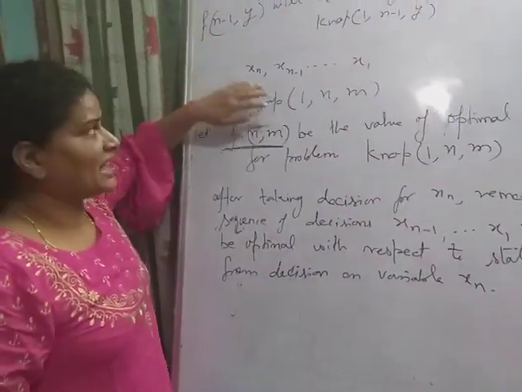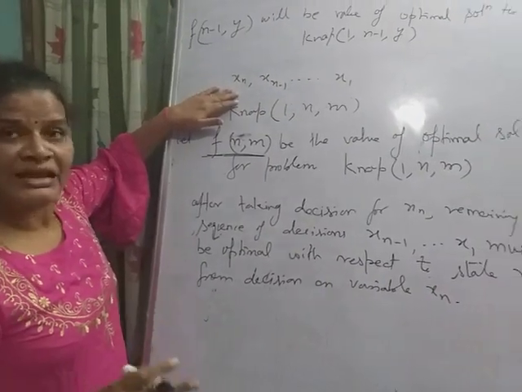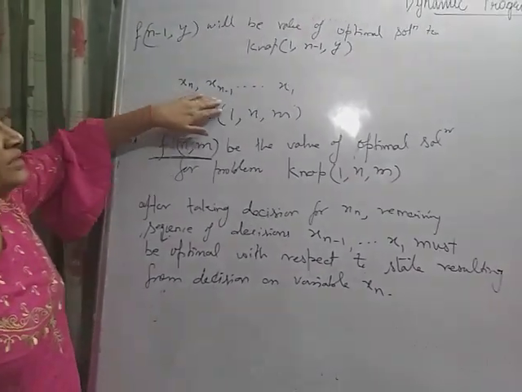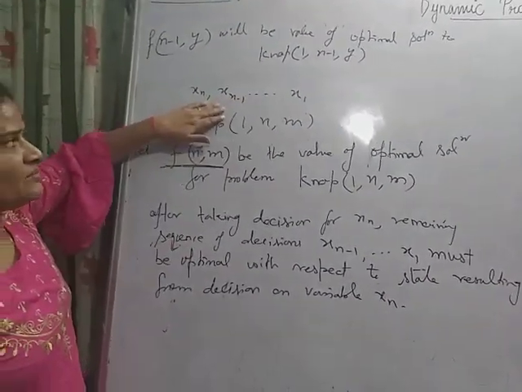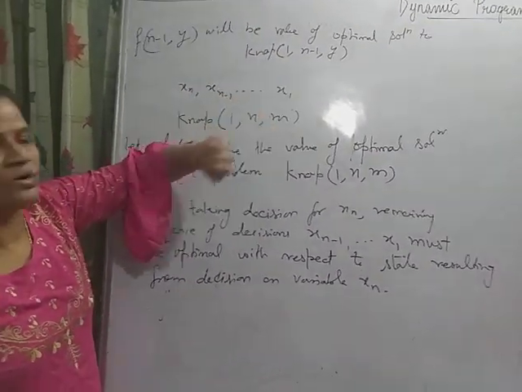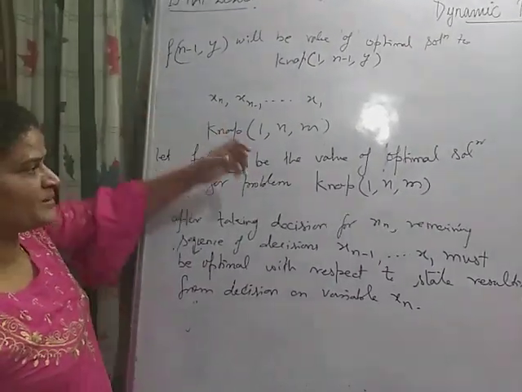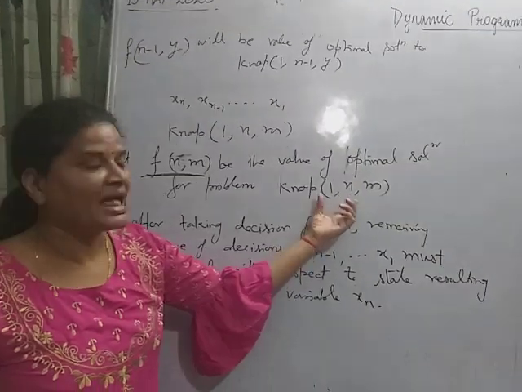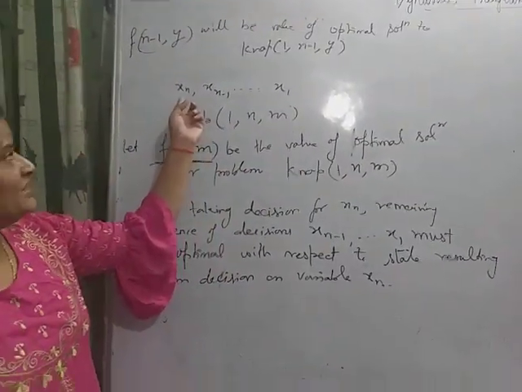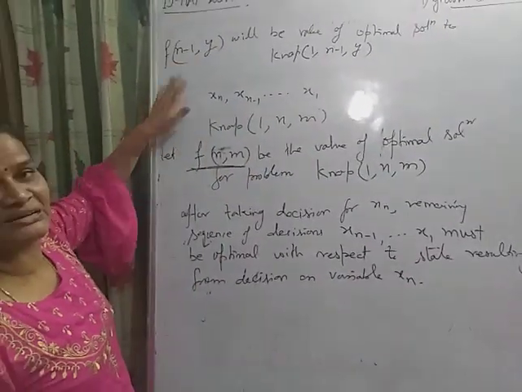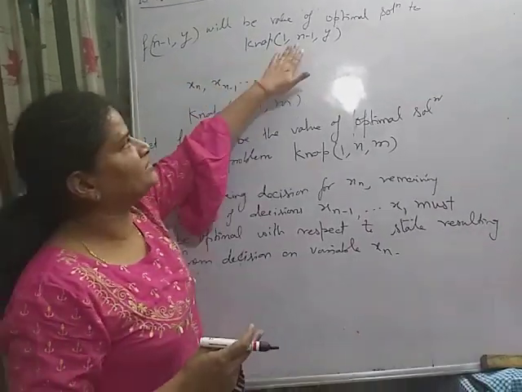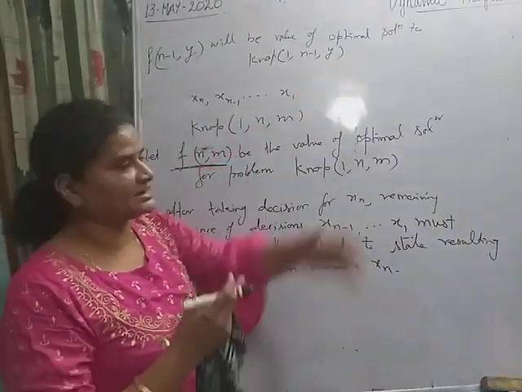Because I have already taken the decision for the nth object, now the decision is for the n minus 1 object, n minus 2 and so on. Previously the problem statement was this; after taking the decision for the nth object, the problem statement becomes 1 to n minus 1 with the capacity y.